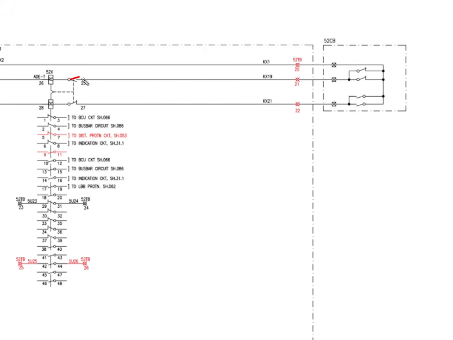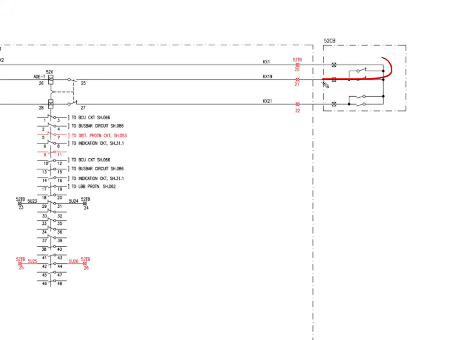I think they should have shown this contact as closed, so that when the breaker is in the off condition, the positive is being extended to here. This is normally in the reset condition. So we need to operate it first. So they should have used a close contact here.